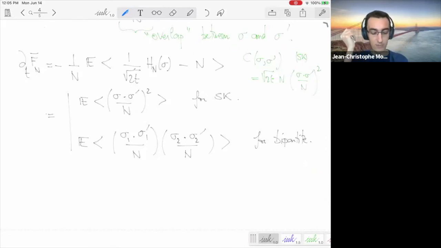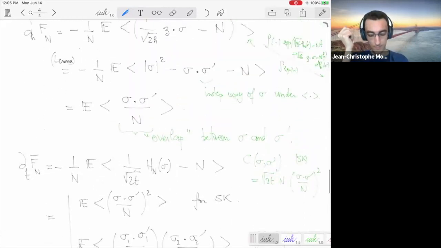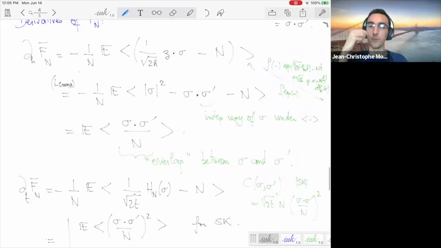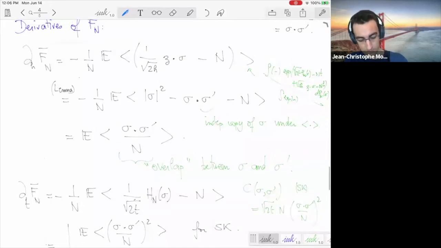Oh yes, I should have said, I did a calculation for the t derivative for the bipartite, but I should modify this enrichment a little bit in the case of the bipartite model. So let's just think that this calculation is for SK.